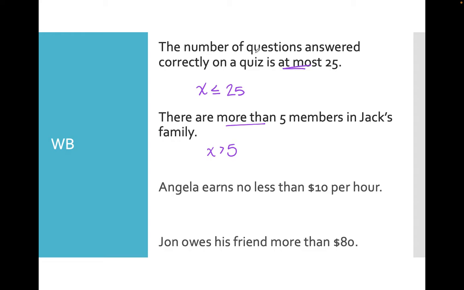So in the first one, the number of questions answered correctly, and for the second one, the number of members in Jack's family. For the third one, X is the amount Angela earns. It says she earns no less than 10 per hour, so X is greater than or equal to 10. And for the last one, John owes his friend more than $80. That's greater than 80.